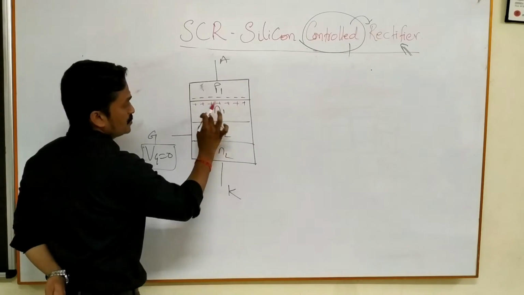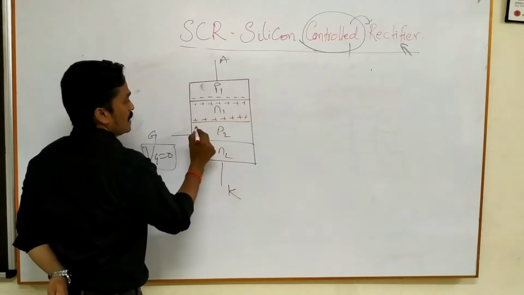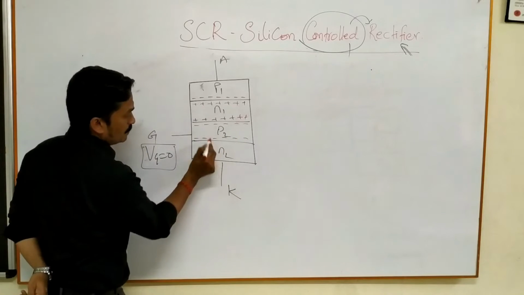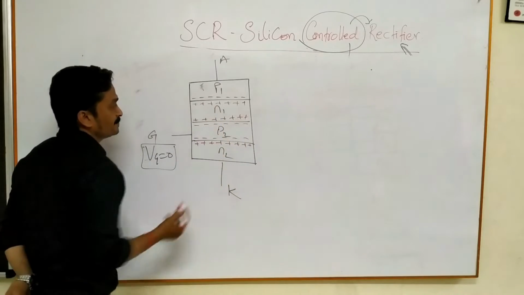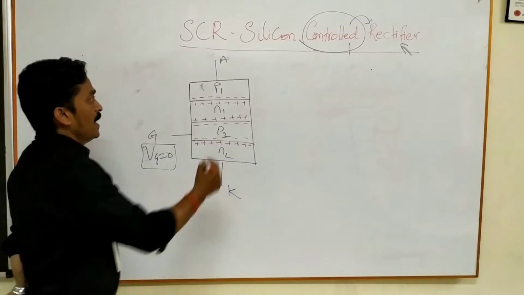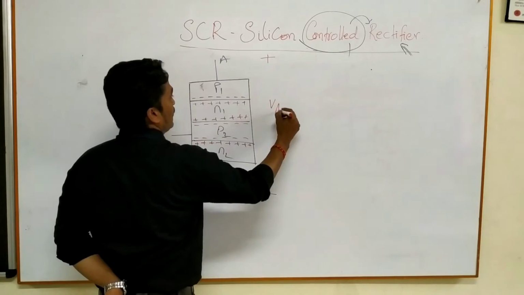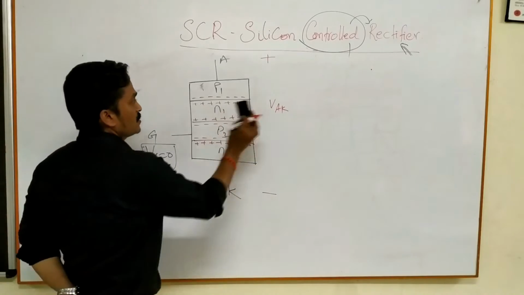And similarly for this junction, holes will come this side, it means this is positive and this is negative. And here electrons will move from this side to this side, so holes will be created over here. Clear?